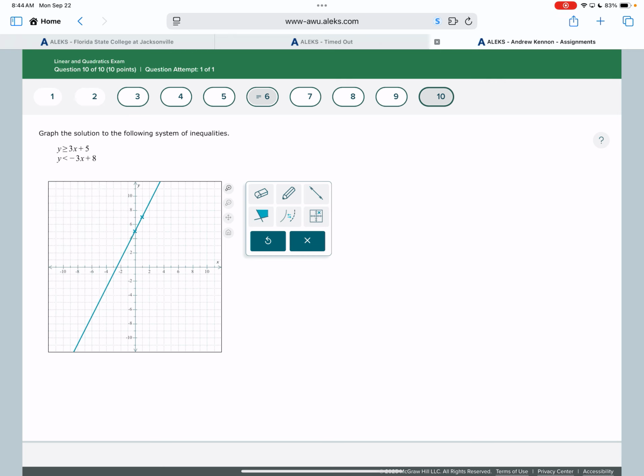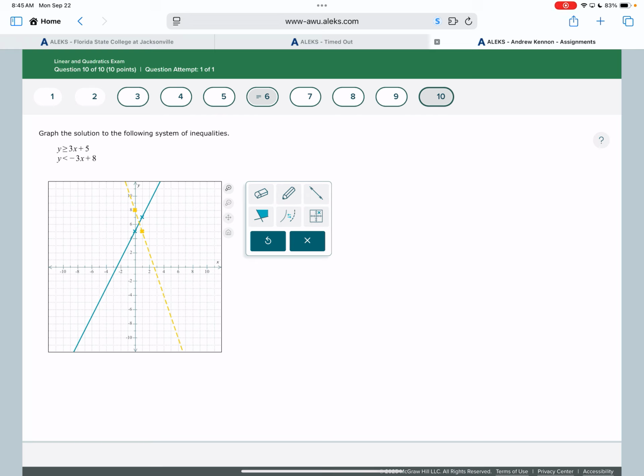All right. The other one, I do a y-intercept of 8, and it is down 3 to the right 1. This one is going to be a dashed line because it is less than. And to shade it, if I plug in 0, 0, 0 is less than negative 3 times 0 plus 8.